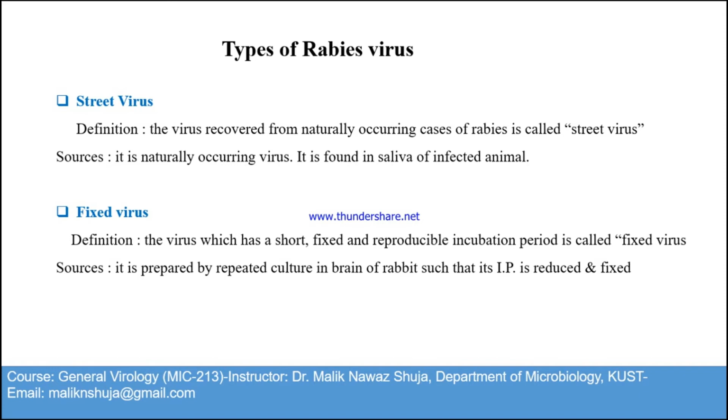So street virus is basically from the main source, the infected dogs, and it is present in the saliva of the rabid dogs, and it has the potential to infect others, while fixed viruses are those viruses which are incubated again and again or cultured again and again in order to fix their pathogenicity, and they are reproducible.